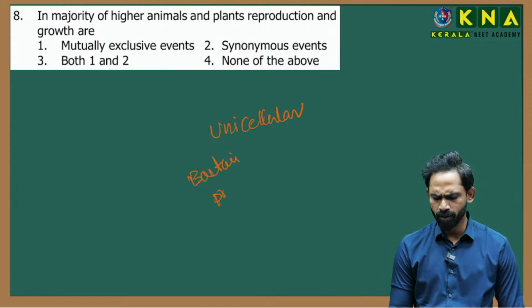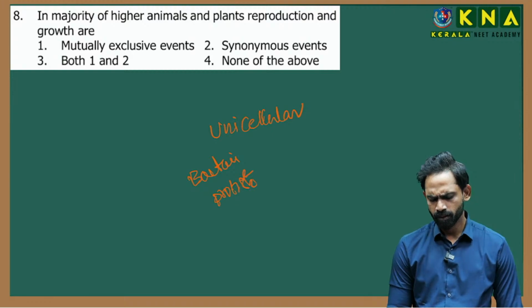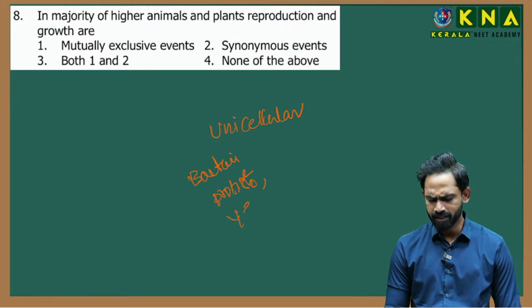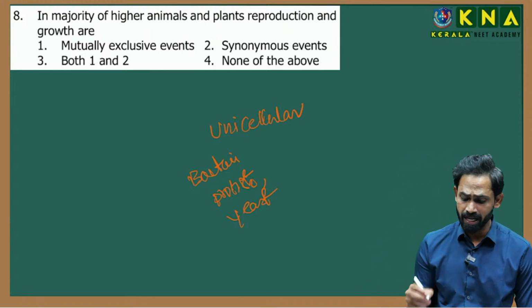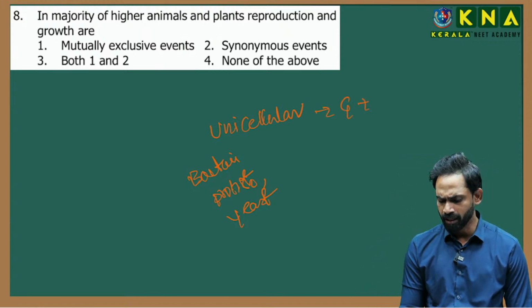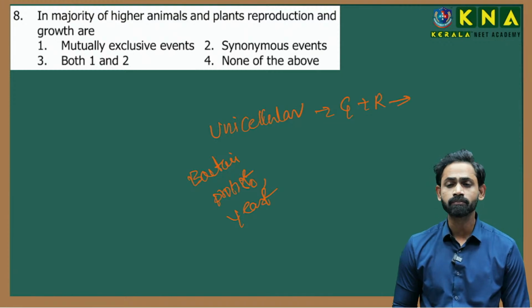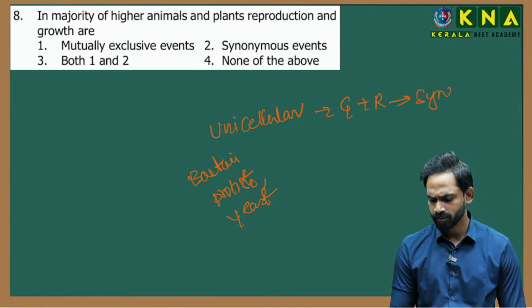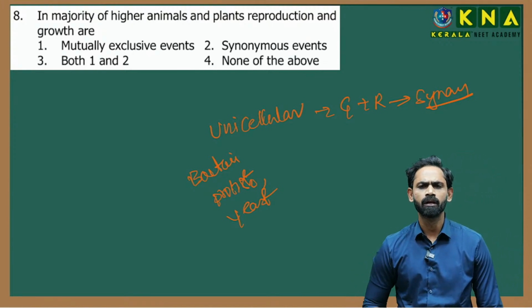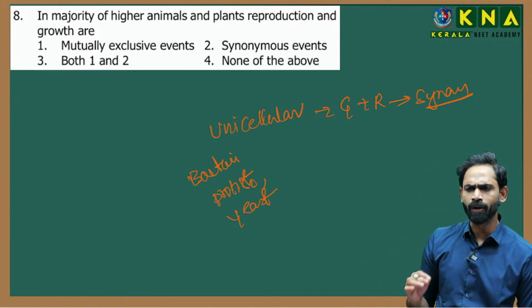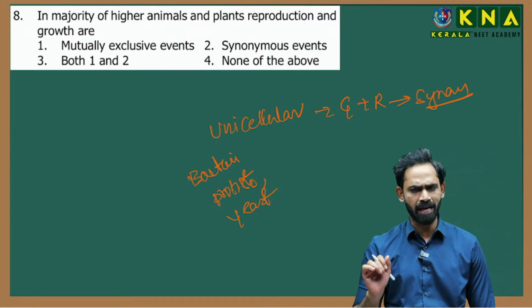The next one is Protista. The next one is yeast. These come under the unicellular. In unicellular organisms, growth and reproduction are synonymous. Both are the same. Growth equals reproduction in case of unicellular organisms.